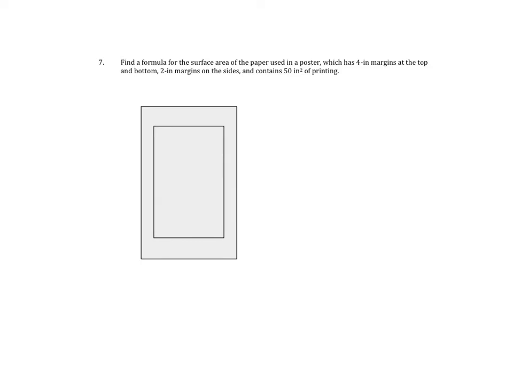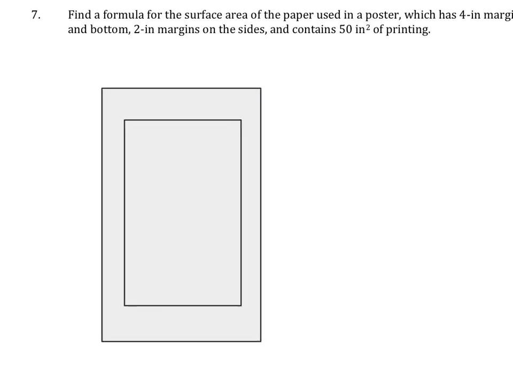The inside is where the print is, and the outside is the margins, right? So just keep in mind, this little distance here is 2. This distance is 2, which means this distance is 2, and then this distance is 4, just like this.